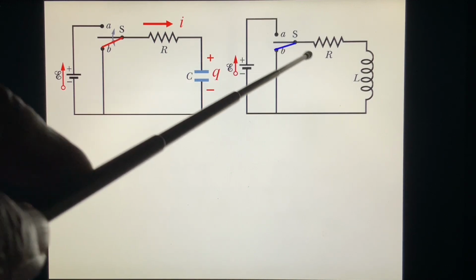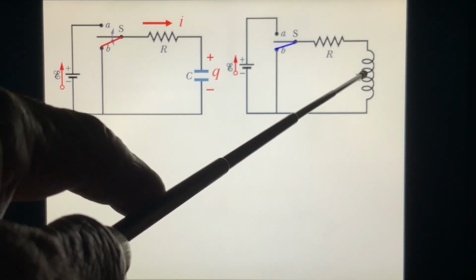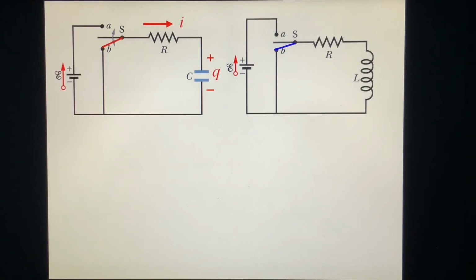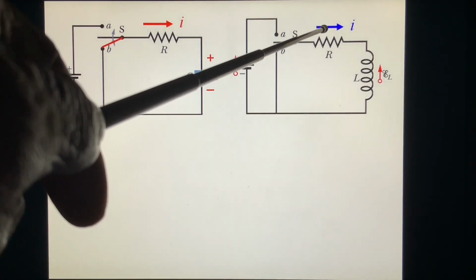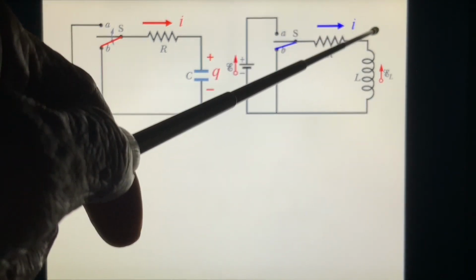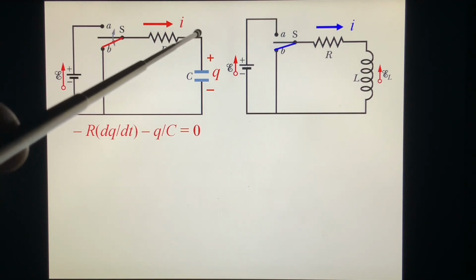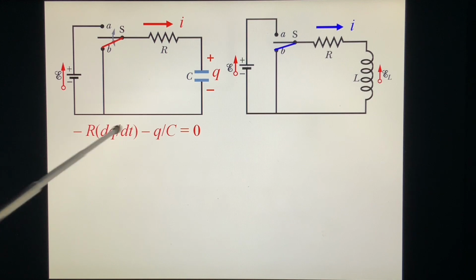Before we switch, we have a current here. The I is epsilon over R. This voltage drop is 0, right? Now we switch to B. So what happened? Here we assume I, and the EMF is this one. From here to here, minus IR, where I is dq/dt.